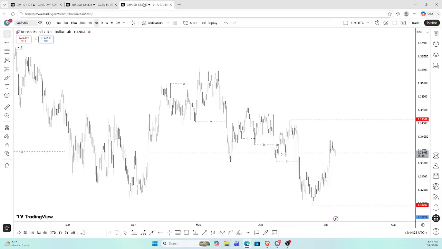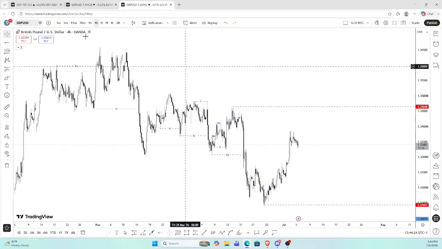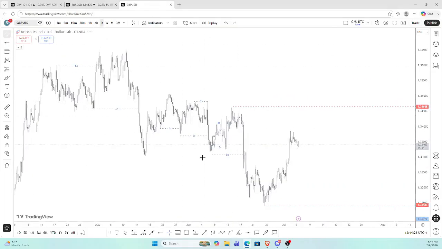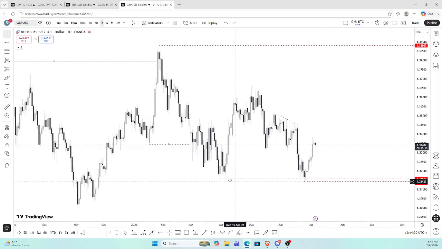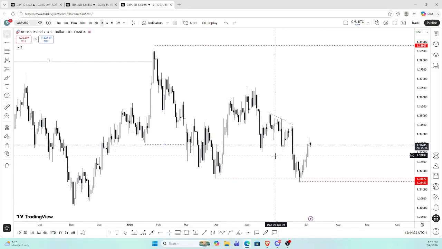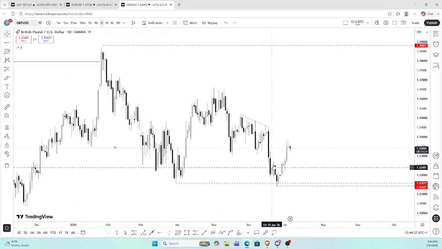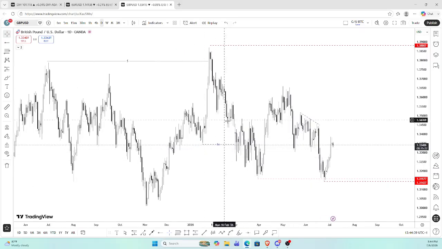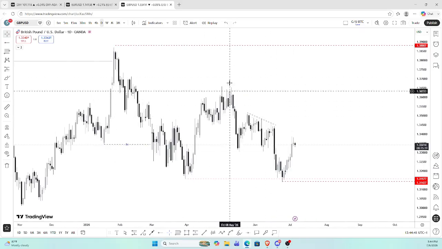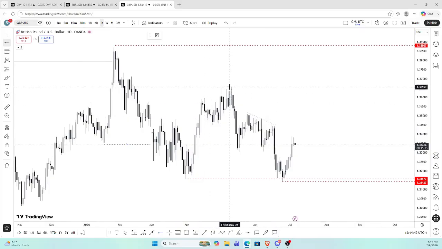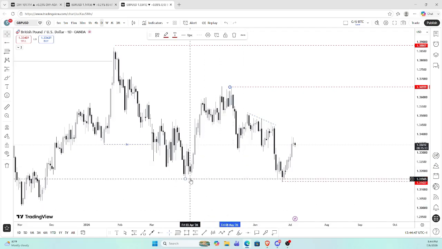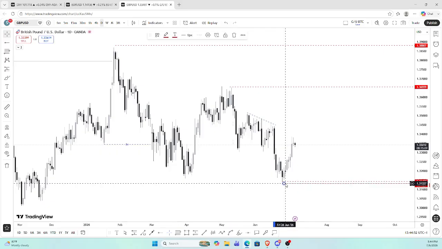Let's continue with GBP/USD. On GBP/USD, I think we have pretty much the same analysis. If you look carefully, this swing high over here has led to this swing low.